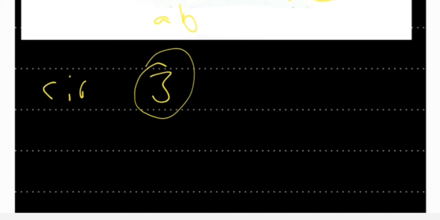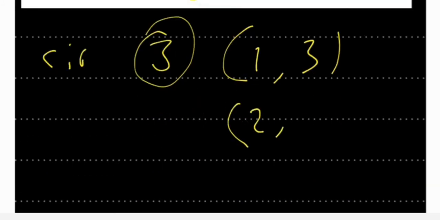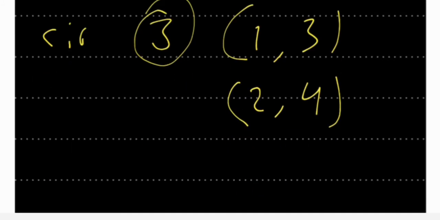So look, when it comes to circles, we need three pieces of information to find the circle. It can be 3 points. So we have (1, 3) and (2, 4), but we don't have the third point.